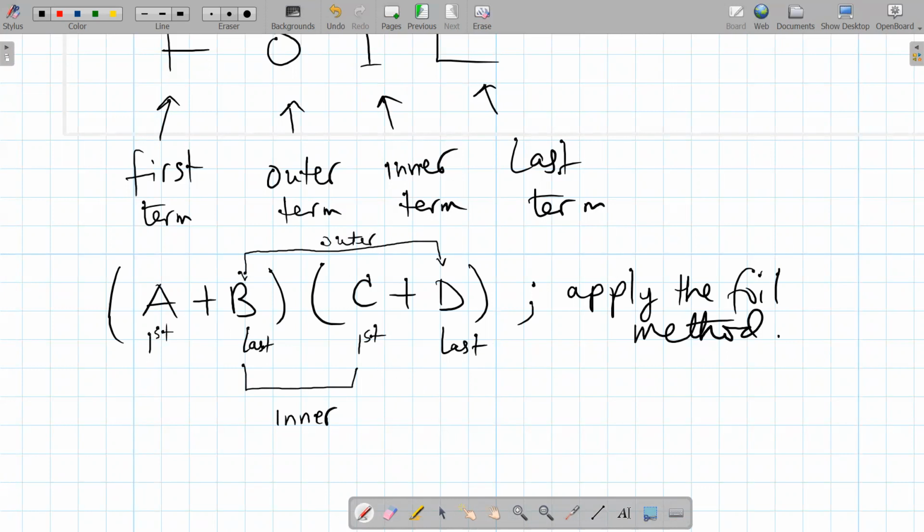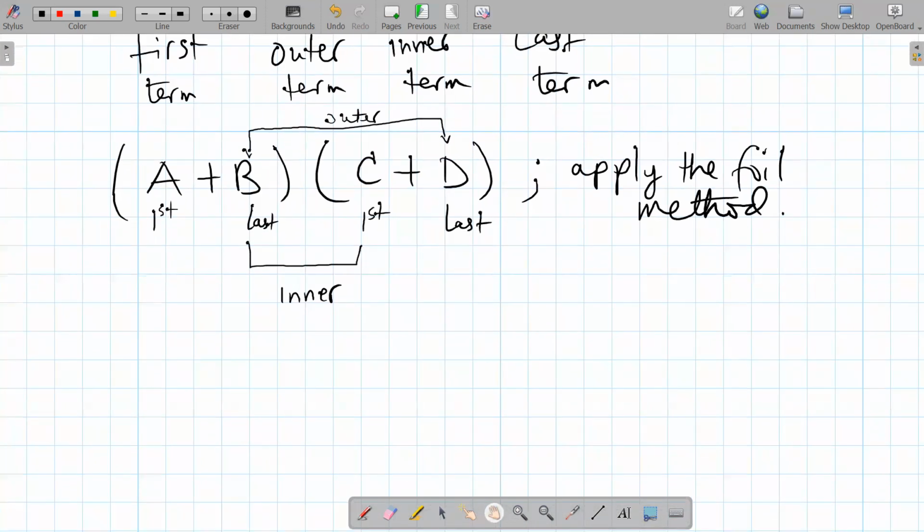Okay. But in all, it's all about distributing. So A plus B, C plus D, is about distributing.